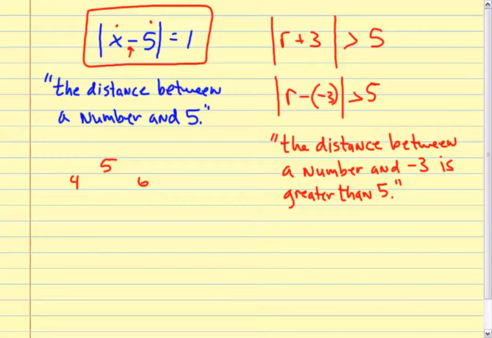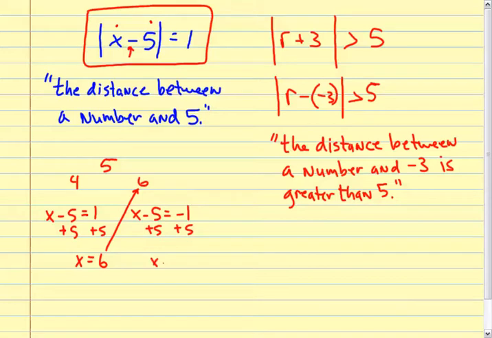If I solve the equation, I get x minus 5 is equal to 1, and x minus 5 is equal to -1. Adding 5 to both sides, x is equal to 6, and then x is equal to 4.